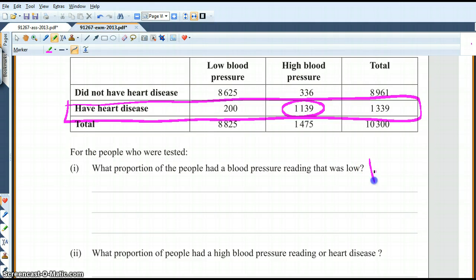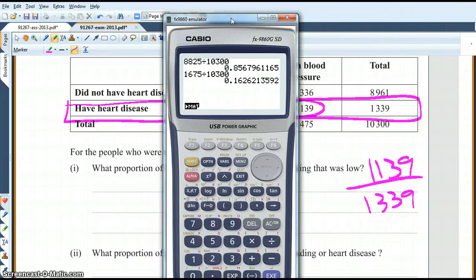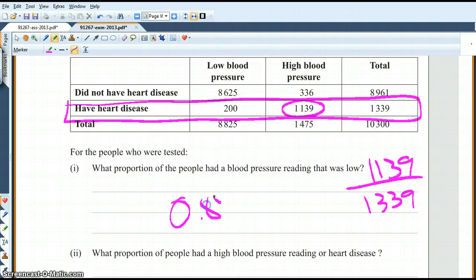So we've got 1,139 have high blood pressure and heart disease out of 1,339, which is all the people who have heart disease. So we have the 1,139 divided by 1,339. Very tricky if you get confused with numbers. So we've got 85% or 0.85.